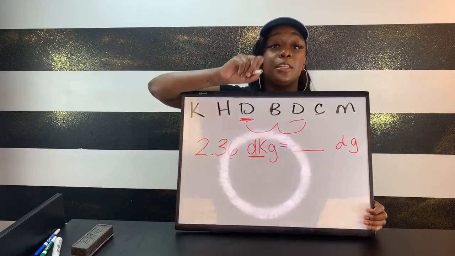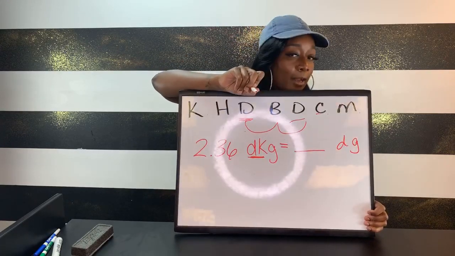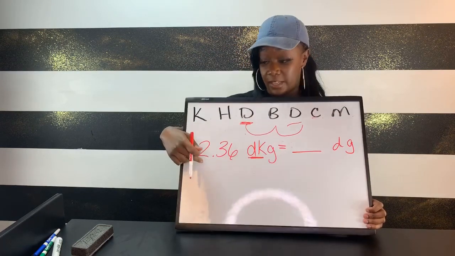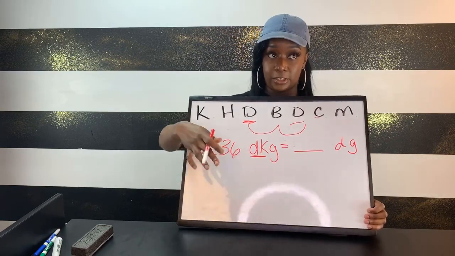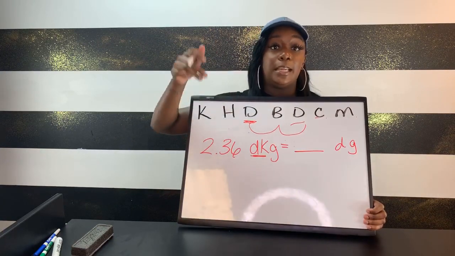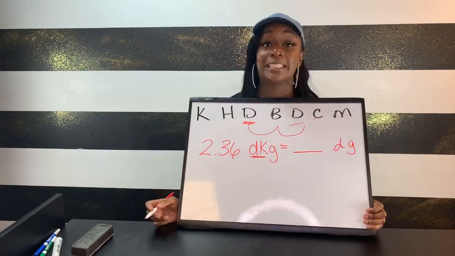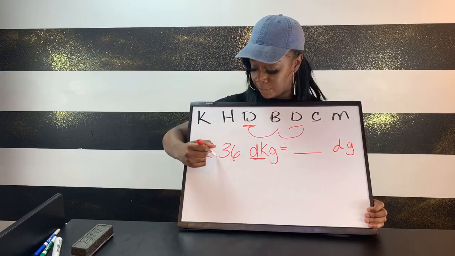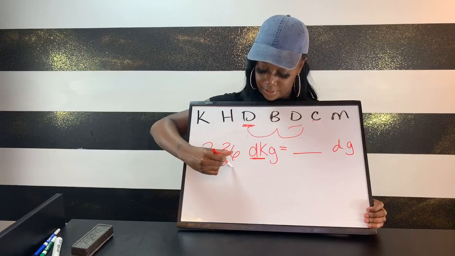So here, we can actually see where our decimal is. So that's what you guys have to know the difference. Just because you see a number, that doesn't mean that you automatically put the decimal at the end, because here the decimal is visible. So we have 2 and 36 hundredths, or 2.36, however you want to say it. Normally, we put the decimal at the end because it was a whole number, and then we didn't actually see the decimal. So please, let's not confuse that. So I know my decimal is here. I'm going 2 places to the right.